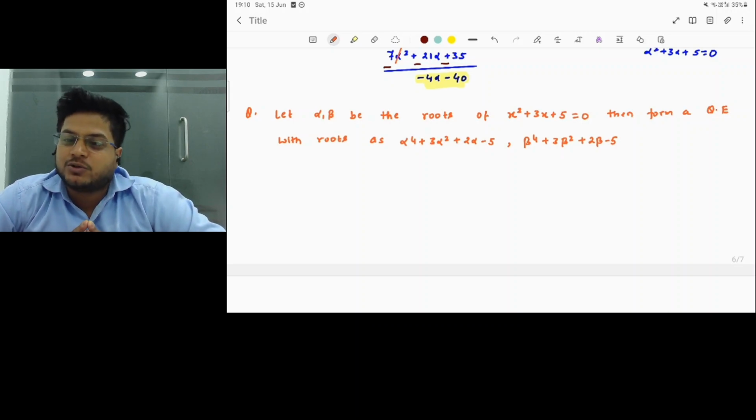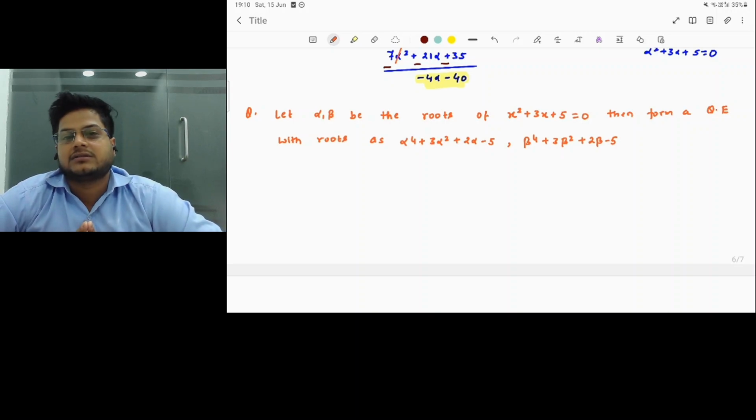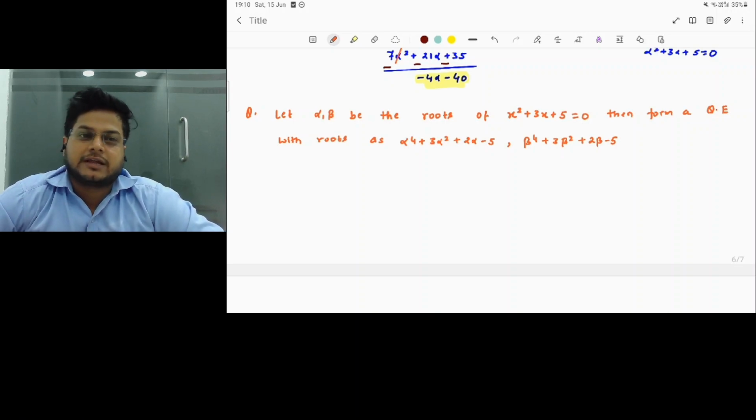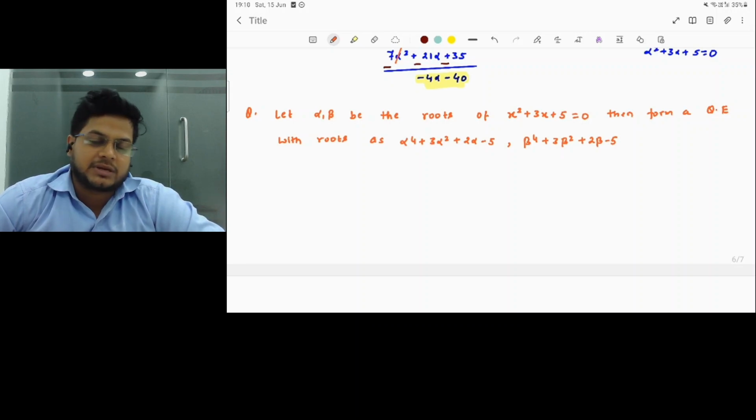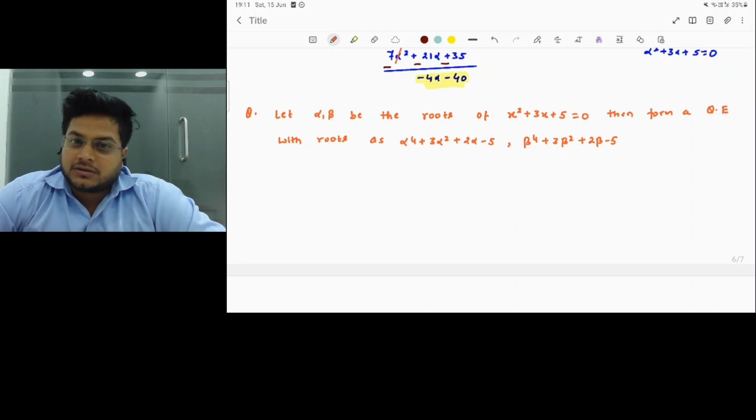So I hope by now you realize that the normal methods that we use to find the quadratic equation with the given roots, like finding the sum of the roots and product of the roots, and using the fact that the equation would be given by x square minus sum of the roots times x plus product of the roots equals 0, is going to be slightly difficult.